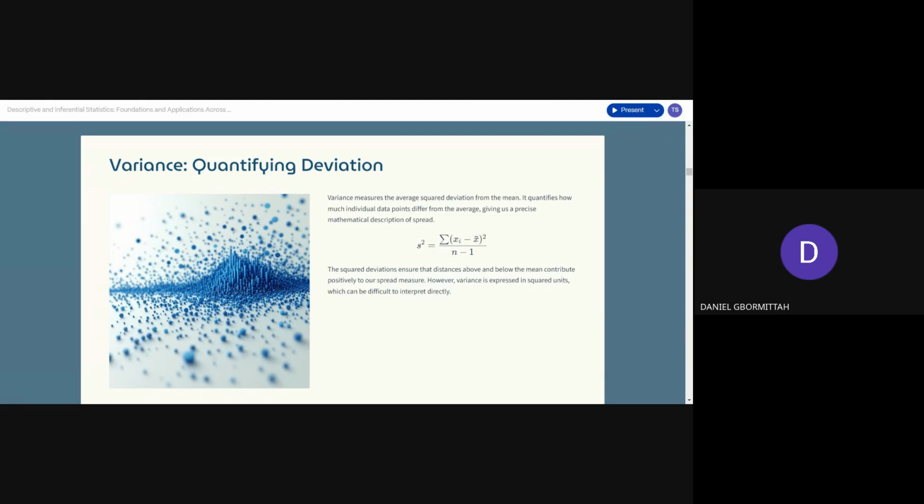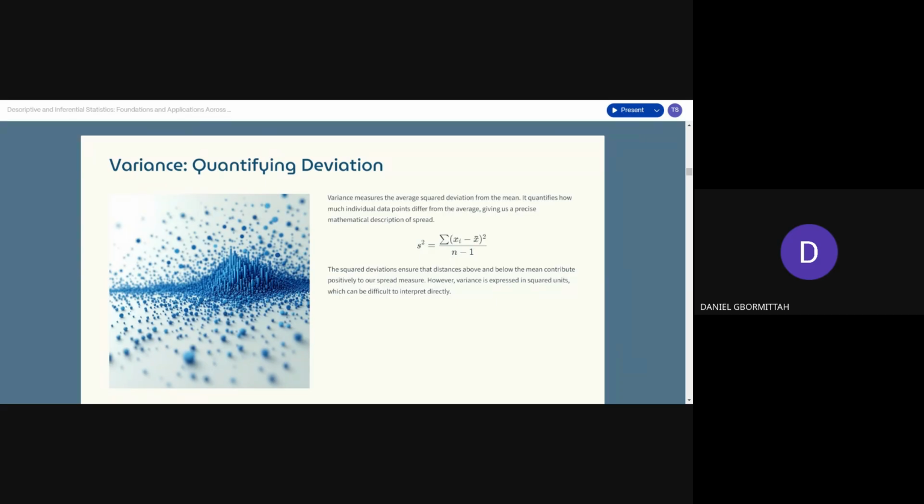So the variance is the square of the standard deviation. In simple terms, you subtract the mean from each of the observations, and then you square each of them. You find the sum of that, and you divide it by n-1. It's n-1 because it's a sample, not the population.